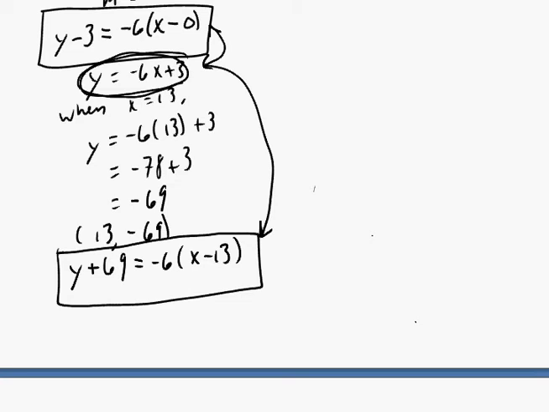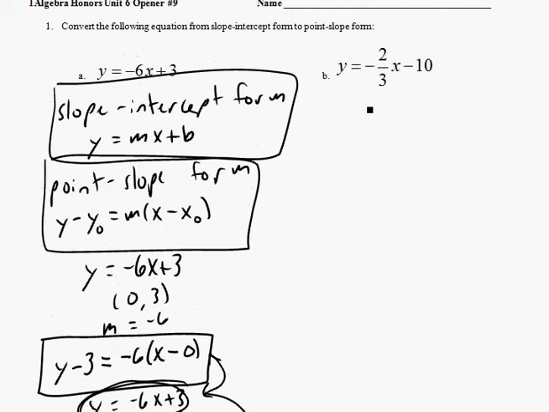Now, why don't you take a moment and see if you can put y equals negative 2/3 x minus 10 in point-slope form. Pause the video and then restart it when you finish the problem. So, the equation y equals negative 2/3 x minus 10 tells us that the slope of this line is negative 2/3.